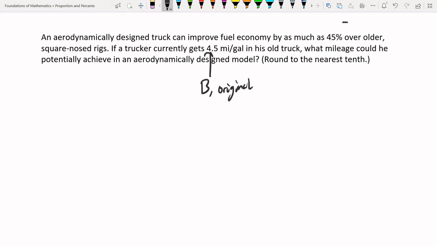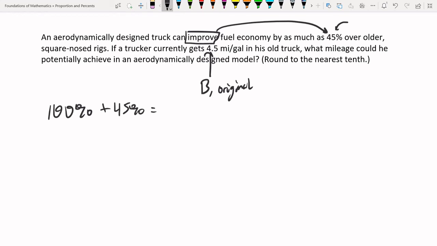And we get an increase, right? This is an improvement of 45%. So an improvement means that we go from 100%, the original amount, and we add on to it 45%, which gives us 145% for the new fuel economy, right? And that's what we're trying to figure out. What is the new mileage? What's the new fuel economy?